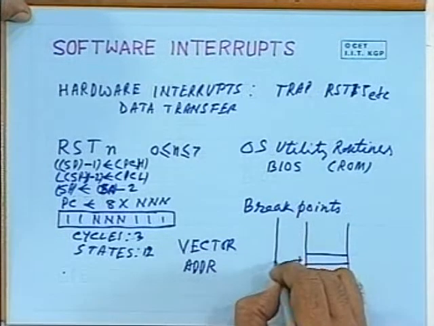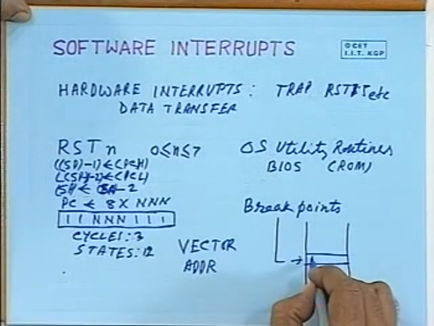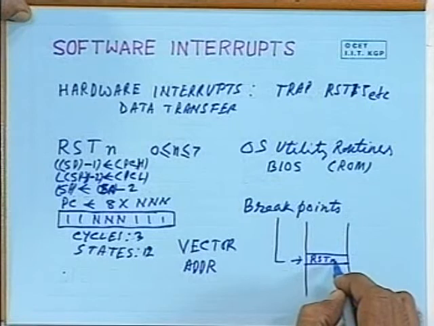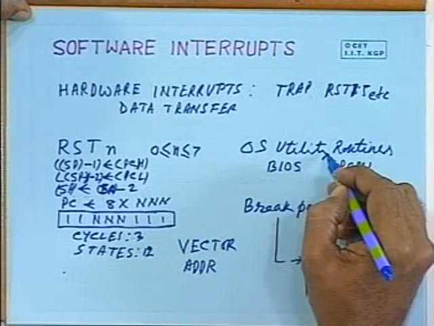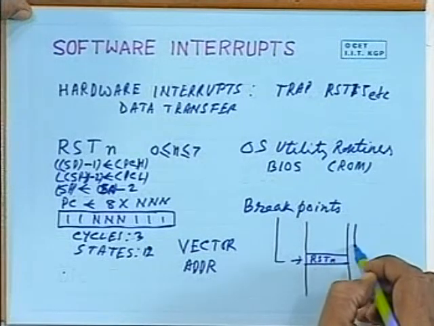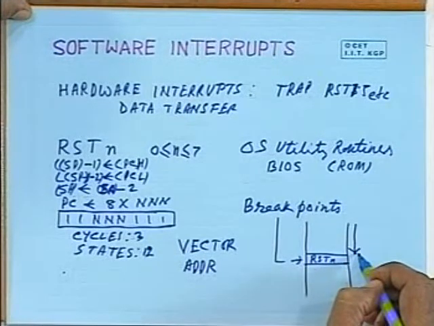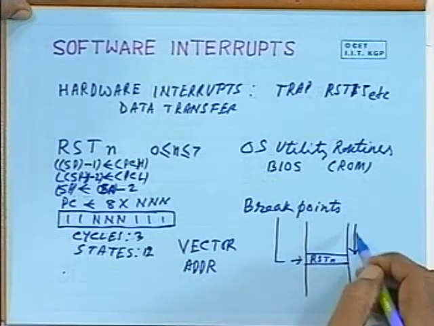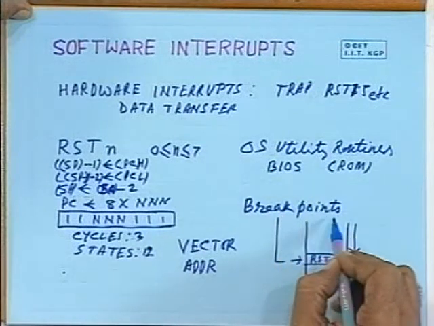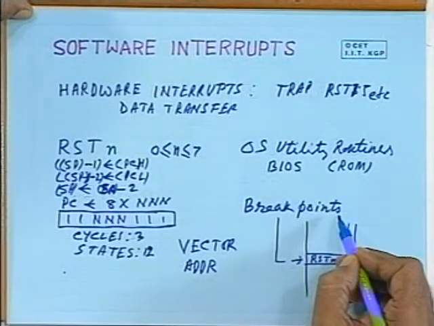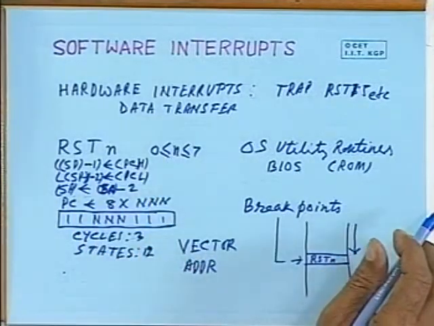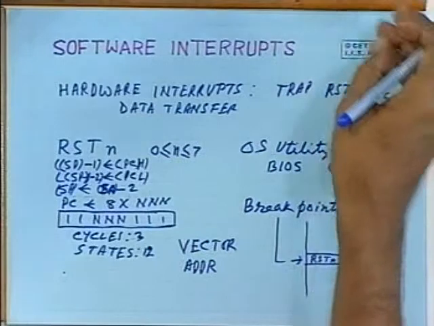This is your breakpoint where you can insert an RST instruction. So, whenever RST N occurs, it jumps to a utility routine with the help of which you can check whether up to this point the program has executed correctly or not, as desired or not. So, this breakpoint is a very important tool for debugging a program. So, software interrupts can be used to facilitate that.